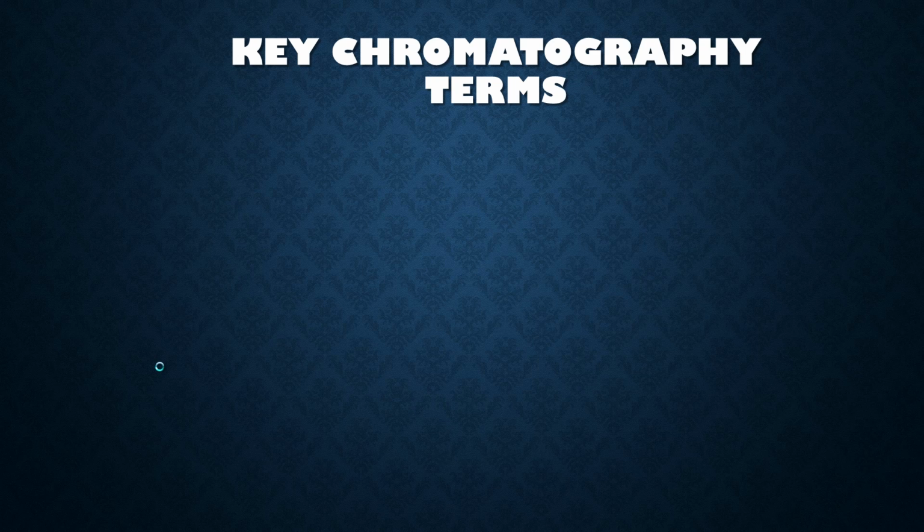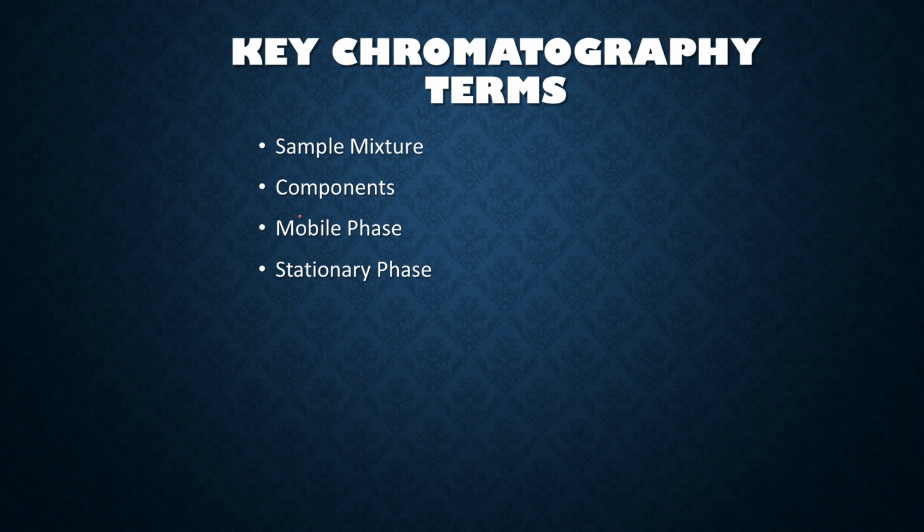Now, there's a number of key chromatography terms that you need to understand as we go through this PowerPoint. The sample mixture and components. There are a number of components within a sample mixture, and the aim of chromatography is to separate those components out and then to also be able to identify what the components are.